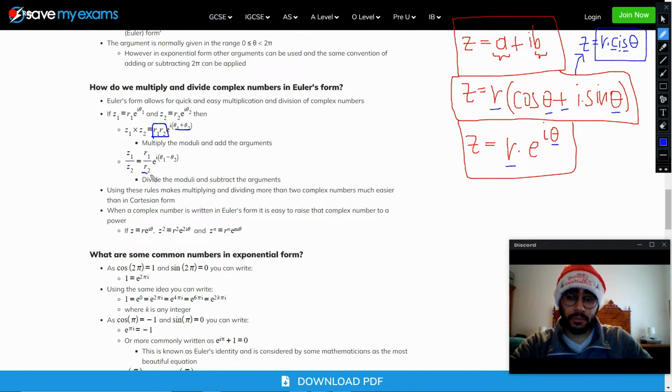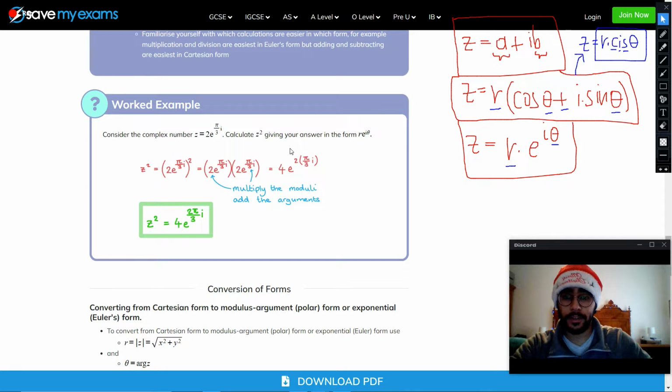For the division, you divide the moduli as usual, like dividing two numbers, and subtract the angles from each other. Okay, it's pretty much analogous to what we had in the polar form. And that would be all for the multiplication and division.